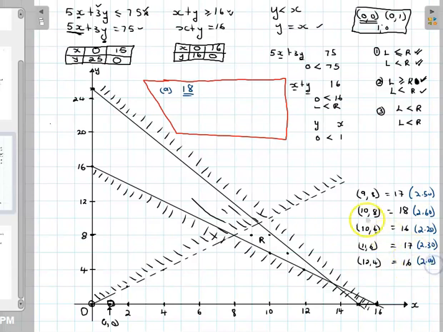And we can see that the winner is this 10 golf balls and 8 tennis balls, which will give him a profit of, a total sales of 260 euros. You get 260 euros after selling them.